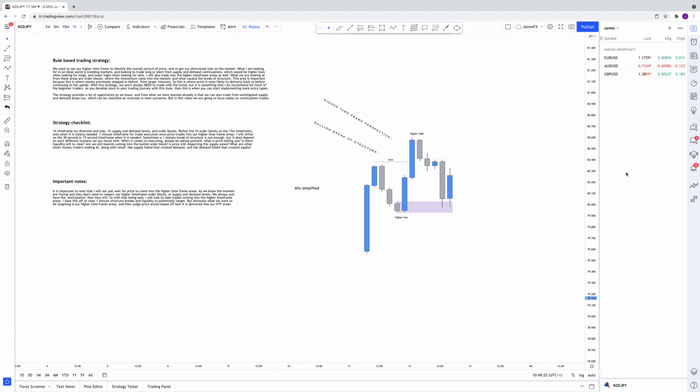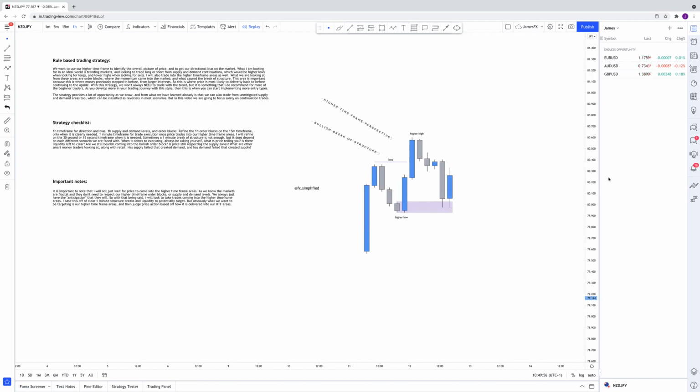So what I am looking at in an ideal world is trending markets and looking to trade long or short from supply and demand continuations, which would be higher lows when looking for longs and lower highs when looking for sells. So in this example here, we've had a break of structure, so this would be our order block and our higher low, where we're looking to get long from here.